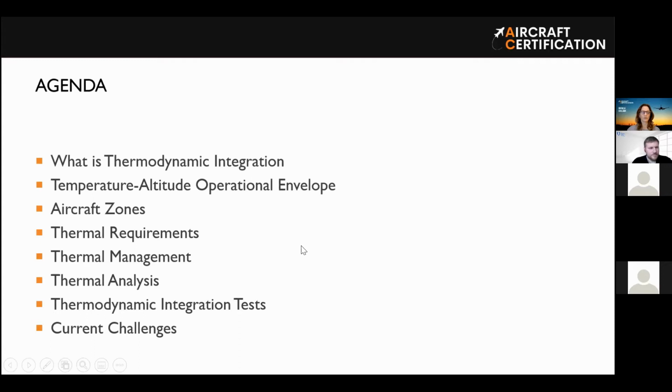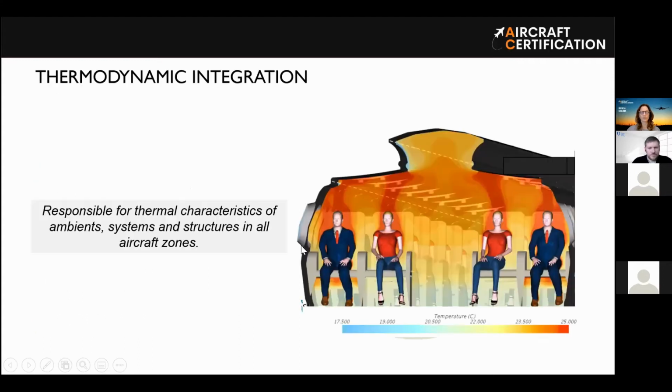So what is this thermodynamic integration? Thermodynamic integration is something, let's say, where we are working on everything that is related to temperature in the aircraft. So basically that's everywhere. In all the ambients, all the systems, all the structures, all the zones of the aircraft, we are responsible for those thermal characteristics.